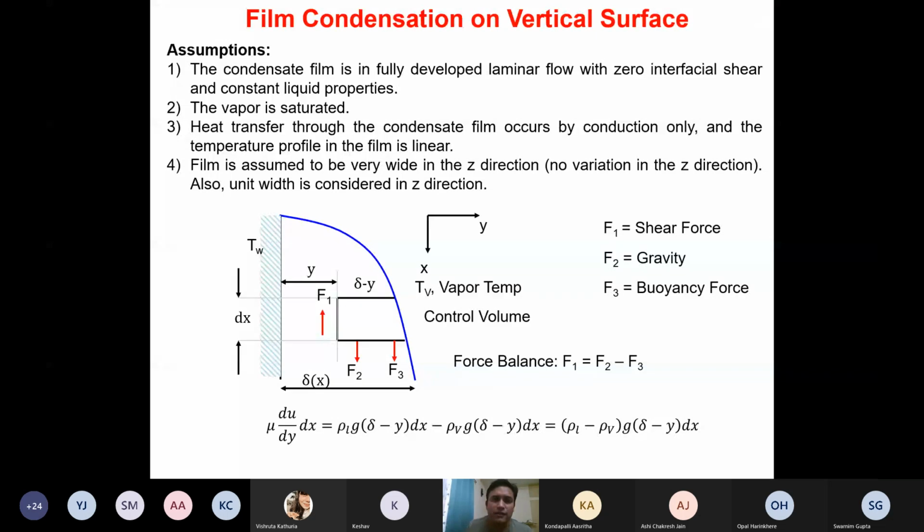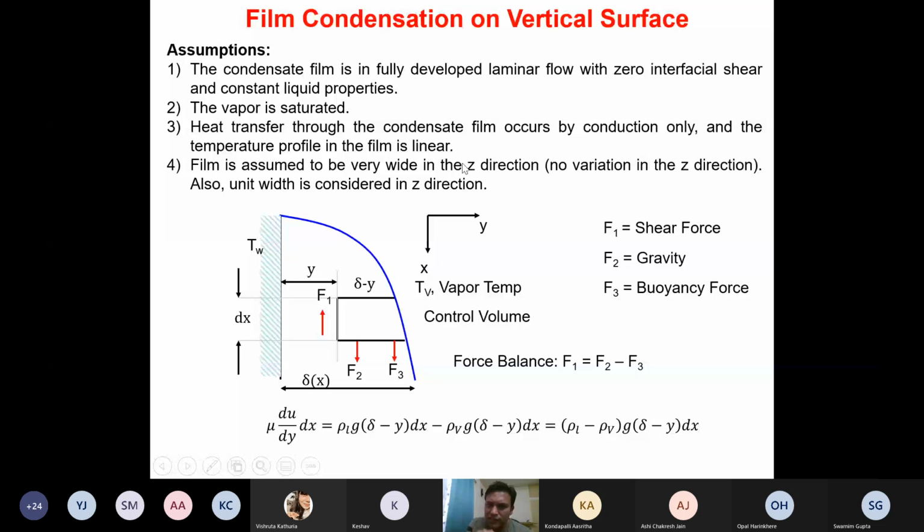So the third assumption is that the film temperature profile is linear, and the last assumption is, remember, this is the x direction, this is the y direction, and the z direction is across the plane, perpendicular to this plane. Along the z direction, the width of this plate, we are assuming a very large width.